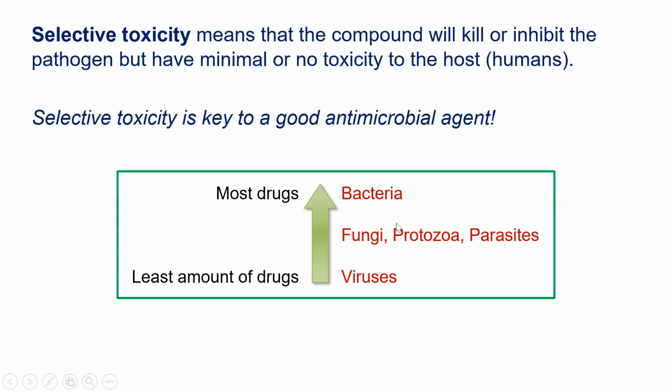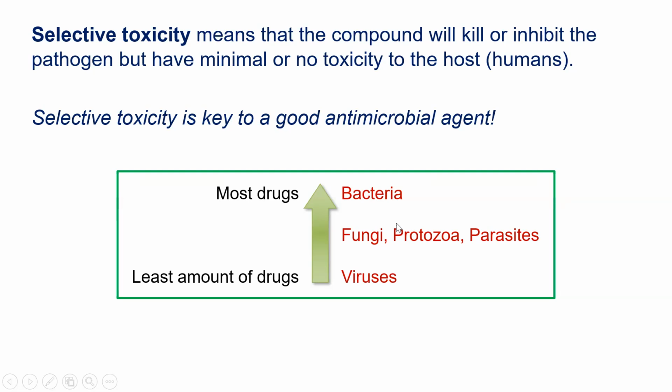Viruses, on the other hand, are using your enzymes. So you don't want drugs that are going to inhibit your enzymes. So it's a little trickier. These guys, so fungi and protists and parasites, are somewhere in the middle. They're a little bit different from us, but they're still eukaryotes. So it's a little more challenging to find some products that are going to inhibit them and be selectively toxic.